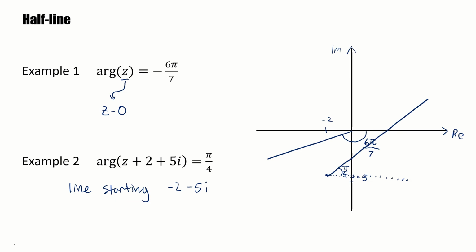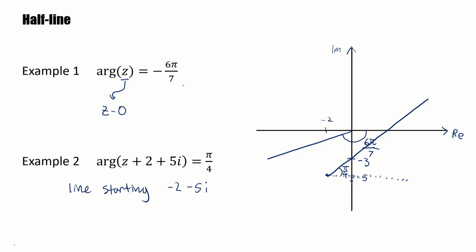So the reason that's important is because we know it's starting at minus 2, minus 5, by the time it gets to the imaginary axis, the vertical axis, it's gone 2 to the right, so therefore it must have gone 2 up. And therefore we know that its y-intercept, to use old language, in reality imaginary axis intercept, would be at minus 3. Cool. And you would be expected to spot that just because it is such a nice angle.